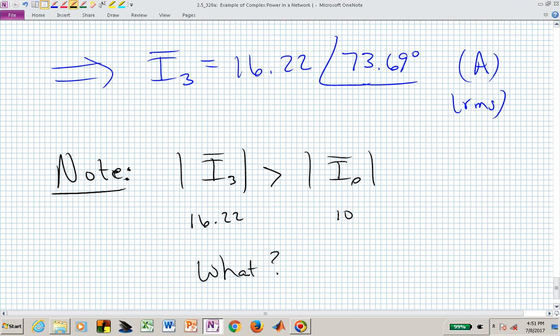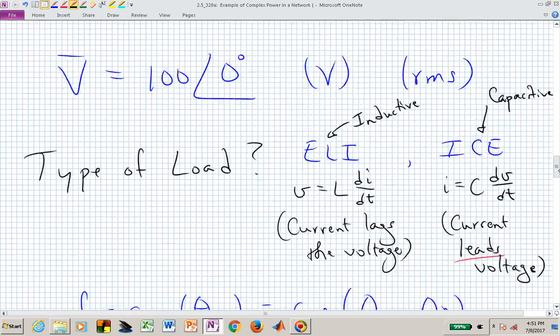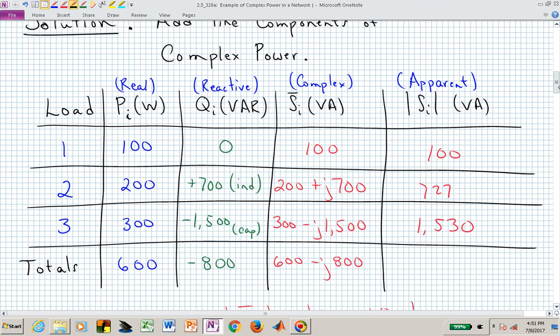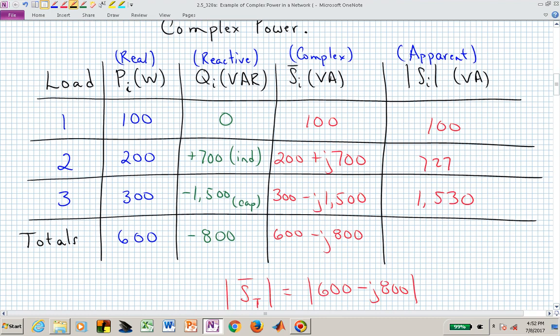What's going on? Well, in fact, this is what we're going to have in a little bit when we start talking about power factor correction. But remember what the relationship was between loads 2 and 3. Load 3 was capacitive, load 2 was inductive. Those two are not in the same sort of direction in terms of reactive power. They're sort of playing off of one another.